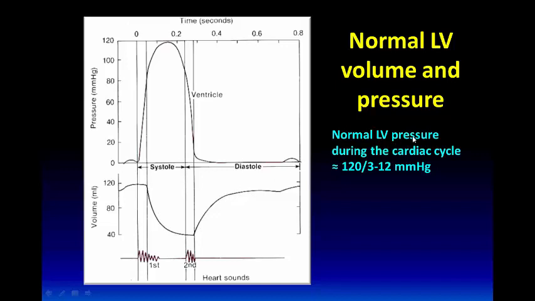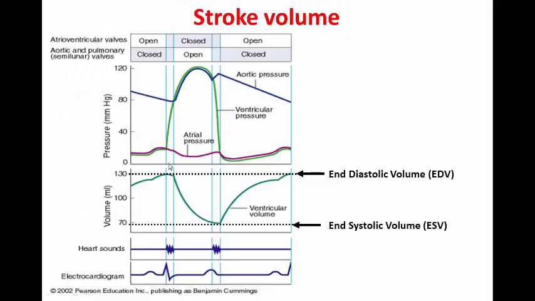The normal left ventricular pressure during the cardiac cycle is about 120 millimeters of mercury. This is the maximum left ventricular pressure which is reached during the rapid ejection phase, and it is about, say, 3 up to 12 millimeters of mercury during diastole.